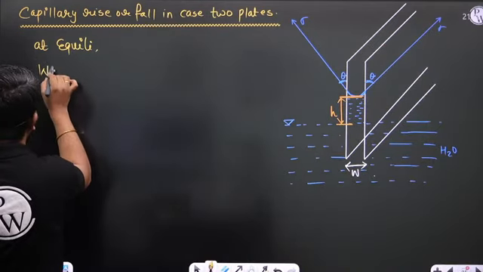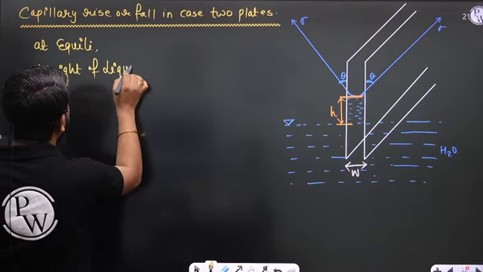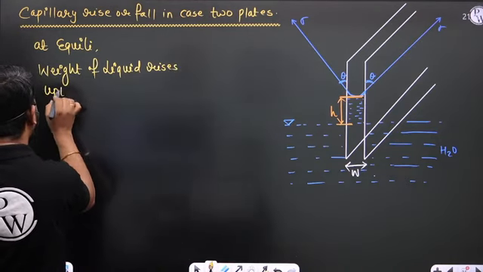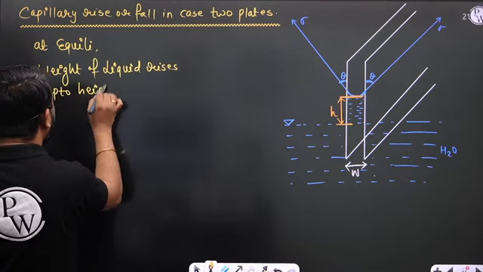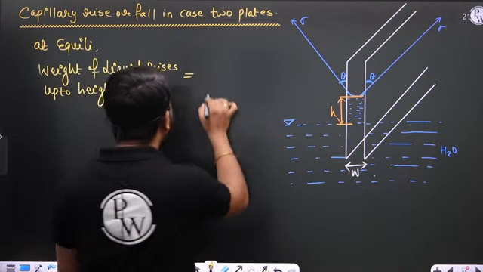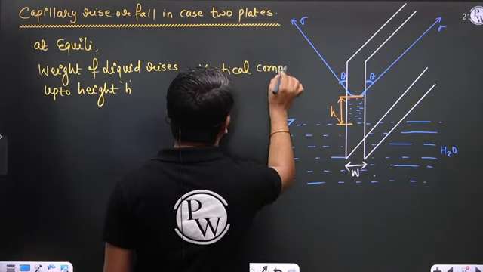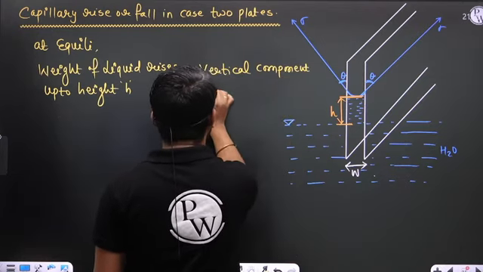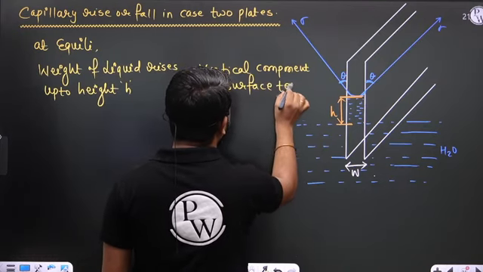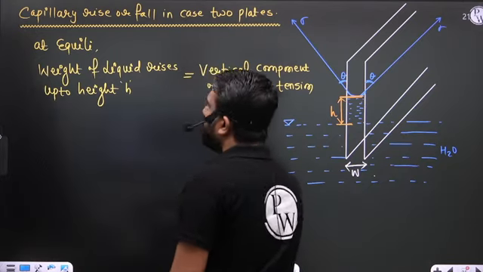Weight of liquid risen up to height h is balanced by the vertical component of the surface tension force.